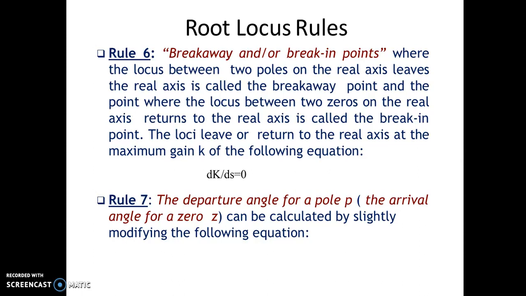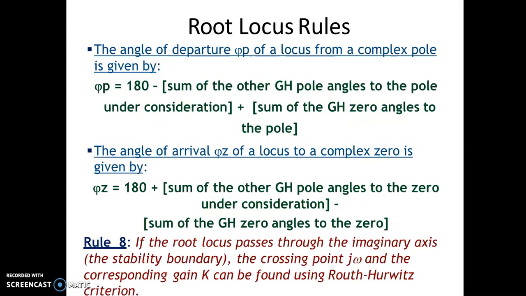Rule number 7: the angle of departure or angle of arrival can be found by using other simple equations. The angle of departure exists only if the transfer function has a complex pole. The angle of arrival exists only if the transfer function has a complex zero.